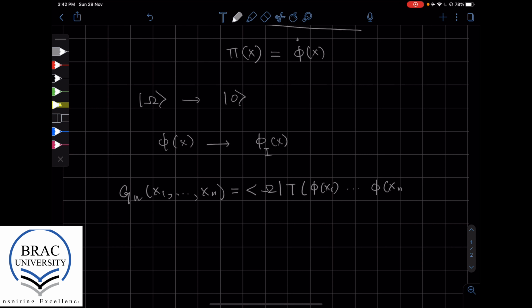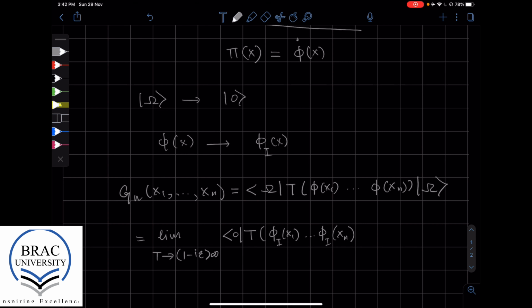And note, we saw that we can write this as taking the limit of time going to 1 minus i epsilon times infinity. And then in the denominator, we have the free vacuum, and then the time-ordered product of the interaction picture fields. And then we have the time evolution operator in the interaction picture, which we can express as a Dyson series. So there's a time ordering operator here.